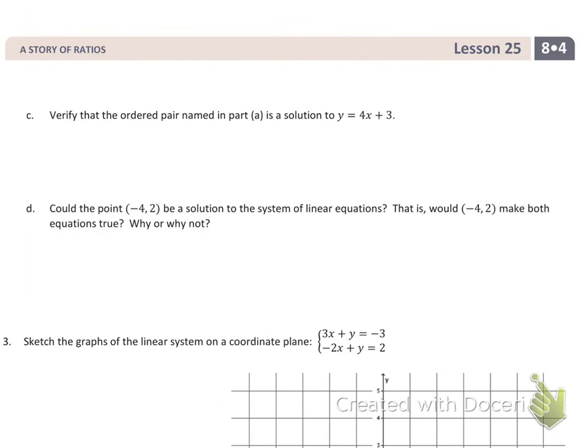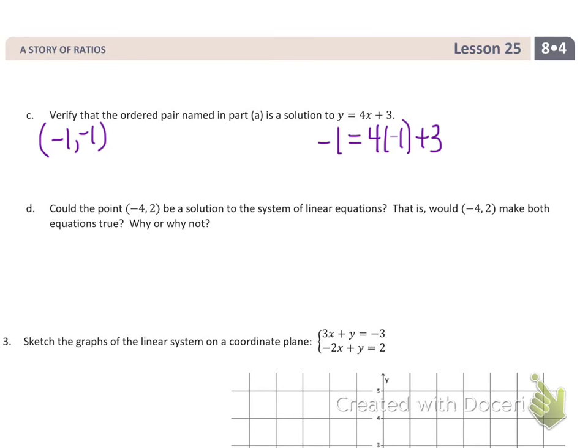So now I want to verify that (-1, -1) is a solution to the other equation. So y, I'm just going to substitute right below here. So y is -1 equals 4 times -1 plus 3.